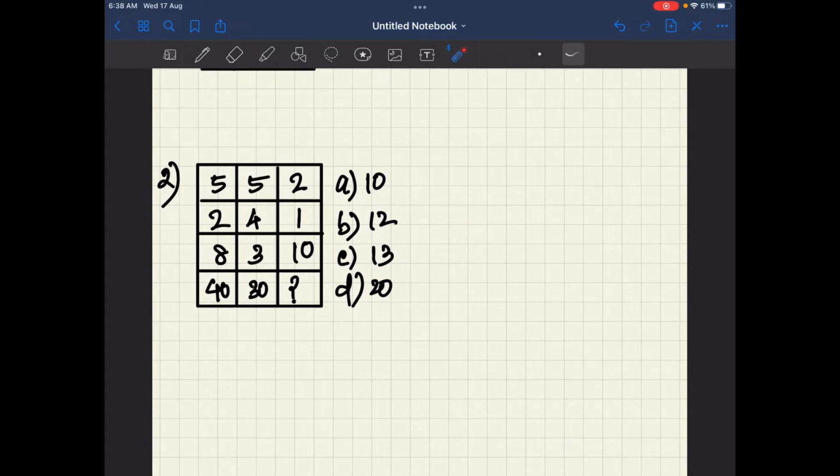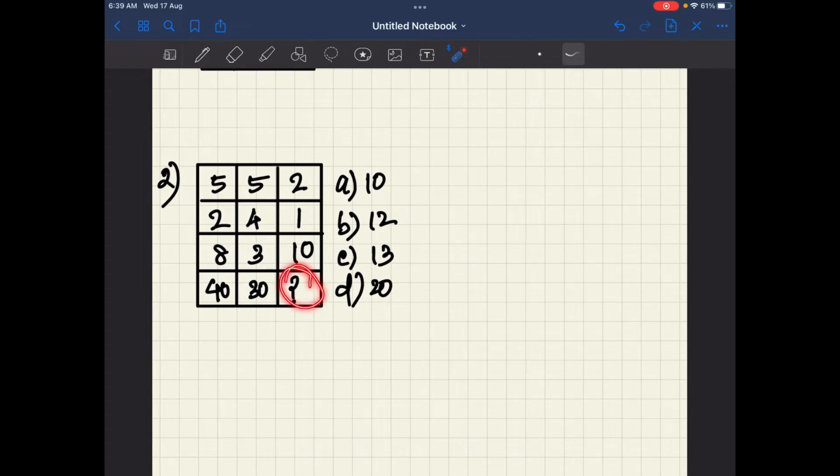So here it is becoming the double of the multiplication, that is 5 into 2 into 8 is 80, but we want 40. So it's nothing but these columns are getting multiplied with each other and getting divided by 2. 5 into 2 into 8 is 80 divided by 2 equals 40, and 5 into 4 into 3 is 60 divided by 2, 30.